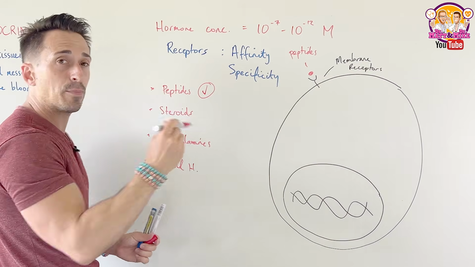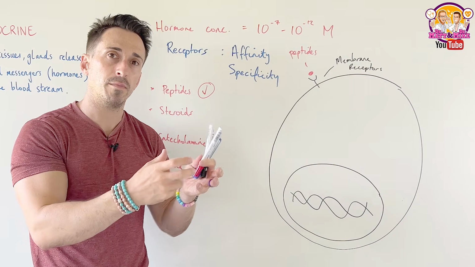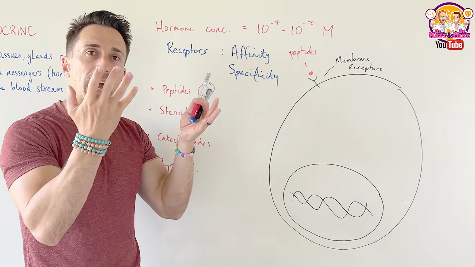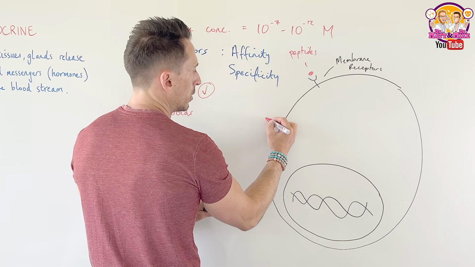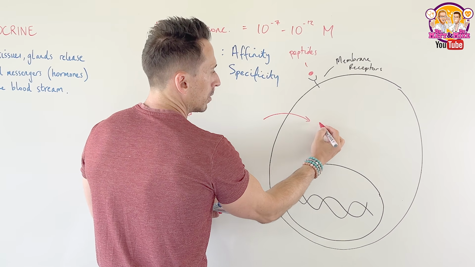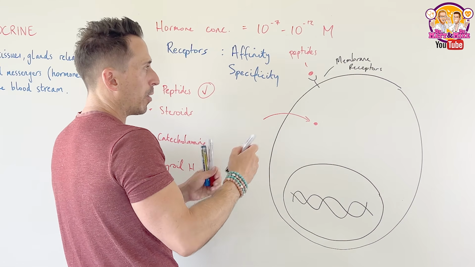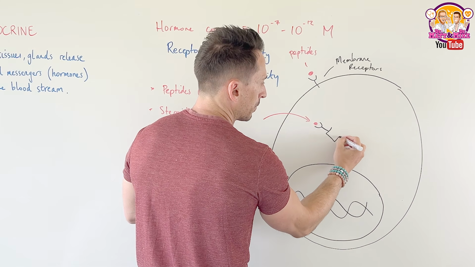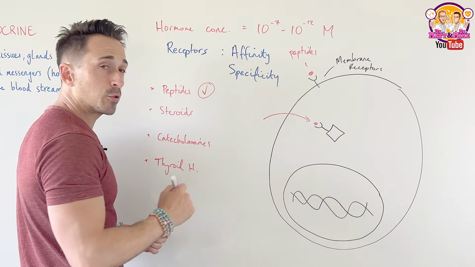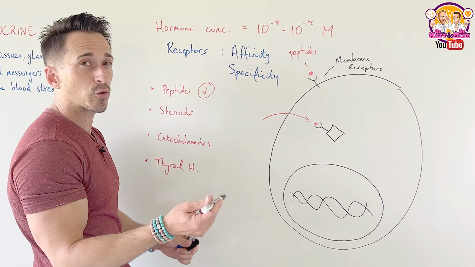Steroids. Steroids are lipid soluble. They are bound to proteins in the bloodstream, then they are released, and because they're lipid soluble, they can be transported through the phospholipid bilayer, and they will bind to receptors in the cytoplasm. Those receptors generally are associated with what we call transcription factors.